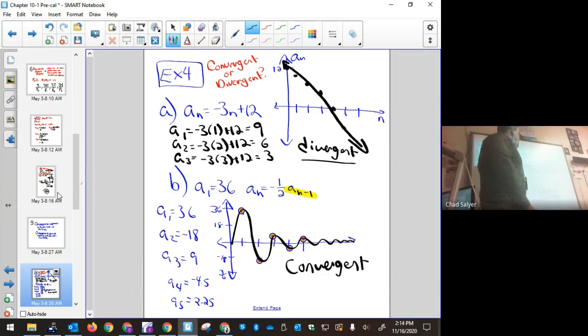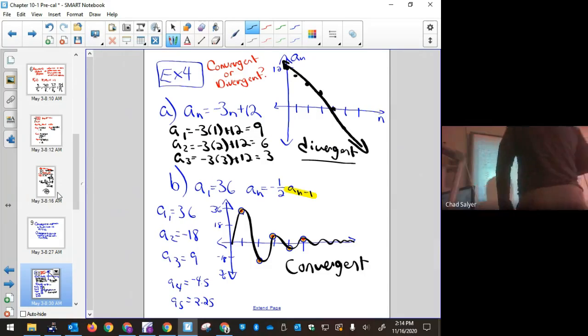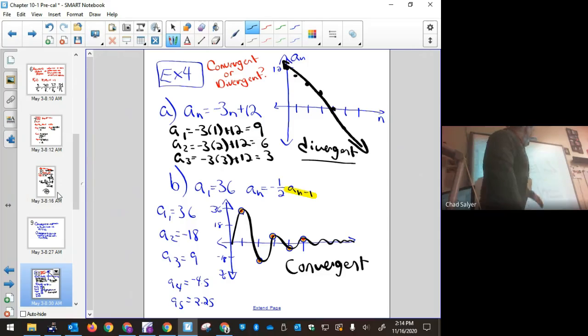Does it ever get to 0? Yes. Well, actually, no, it won't. Because this line is to help us understand. It's not really the way it works. This only works when we plug in integers, typically, for a sequence. The input would not be fractions. So the values in between where it would actually cross the x-axis don't technically exist as a term.